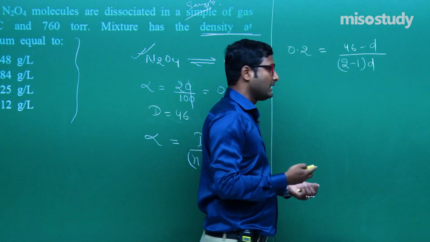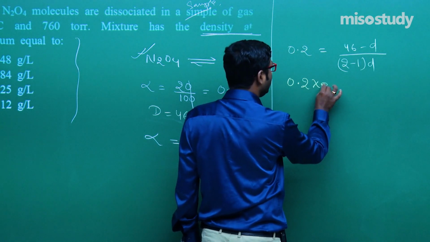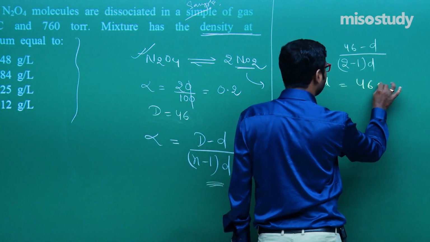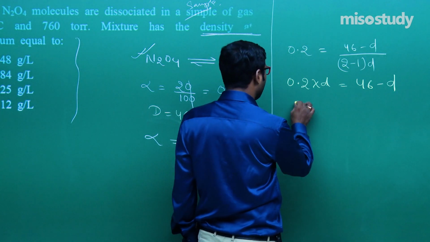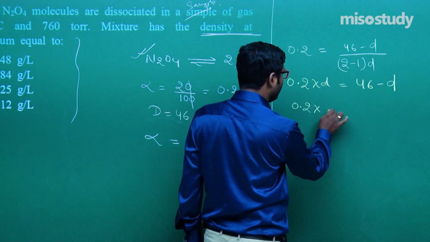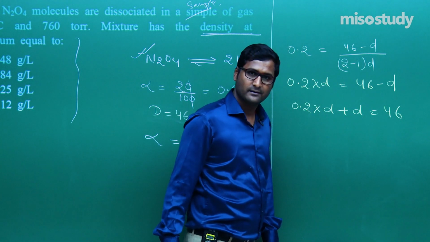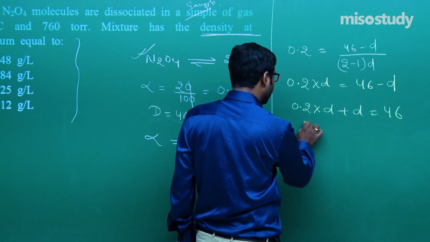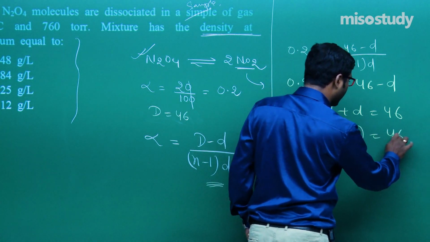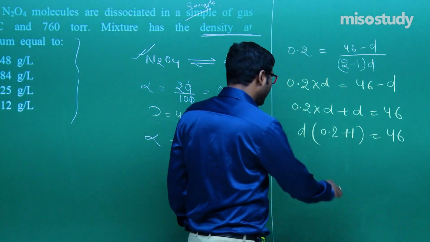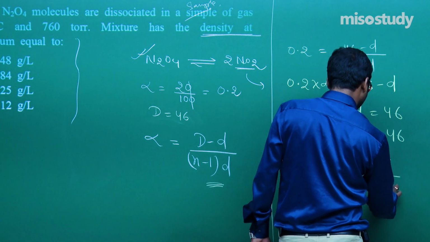Clear? Now, what will happen? 0.2 into d is equal to 46 minus d. So 0.2 into d plus d is equal to 46. Now d is common: (0.2 plus 1) into d is equal to 46, and d is equal to 46 upon 1.2.